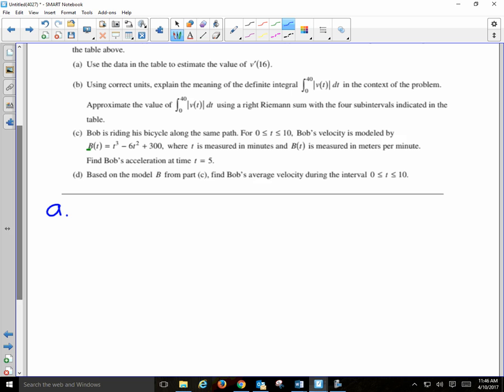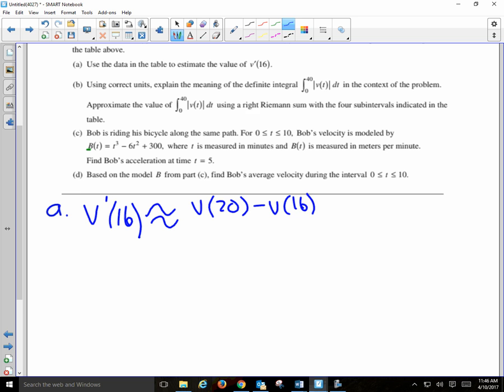So would you say that V prime of 16 is approximately V of 20 minus V of 12, divided by 20 minus 12? That sound reasonable?